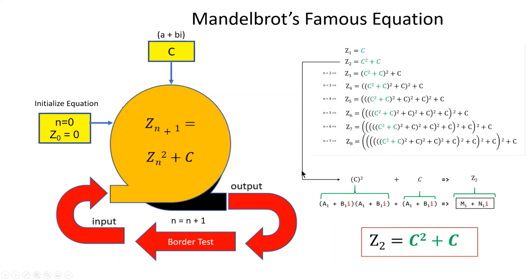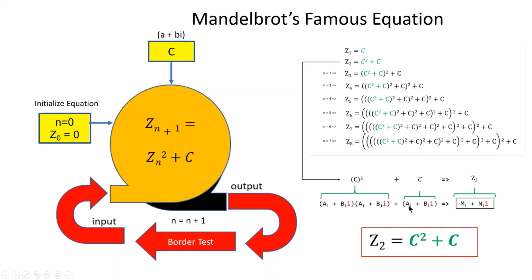And so what we're going to do is generalize that and say if we had an equation that would square a point and add another point to it, that's basically what that does. Here's an example. This point A1 plus B1i, and we square it.